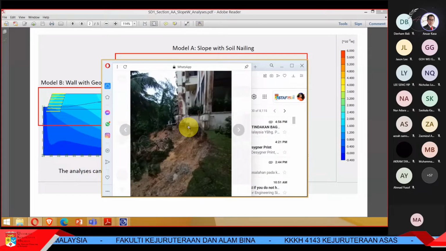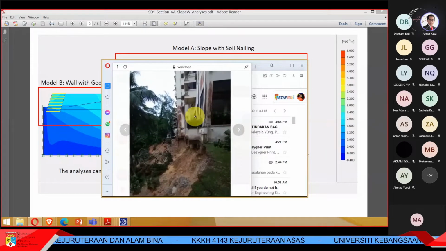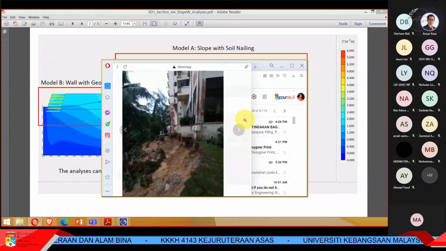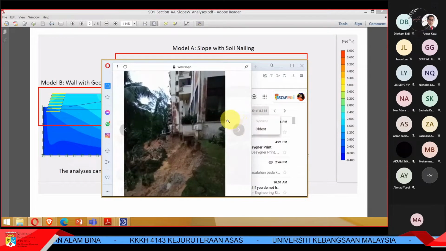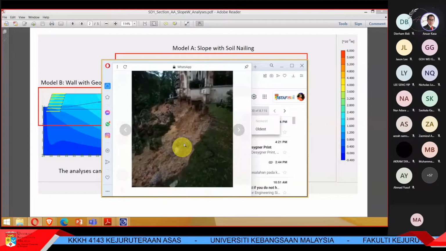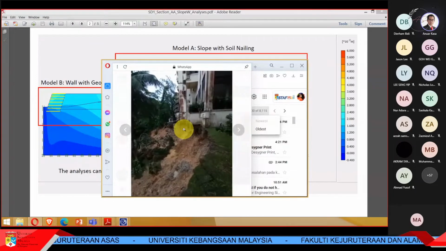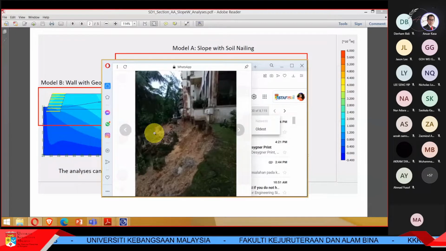The pile cap is not working as a foundation. So the load here is being distributed to the other pile, which is somewhere here. So this is what happened. This is the slope failure. So I need to study how to do some improvement to the slope as well as the building.